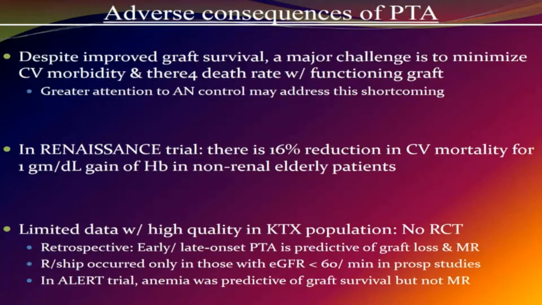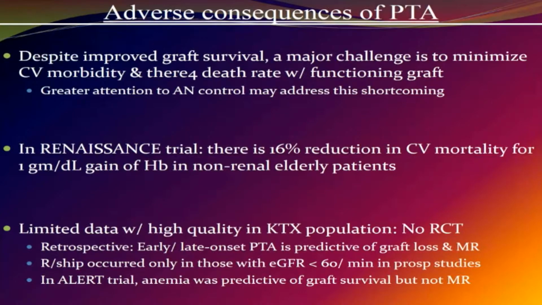In the Renaissance trial of non-renal patients, there was a 16% reduction in cardiovascular mortality for every gram gained in hemoglobin in elderly patients. There is, however, limited high-quality data in the kidney transplant population. In fact, there are no randomized controlled trials.